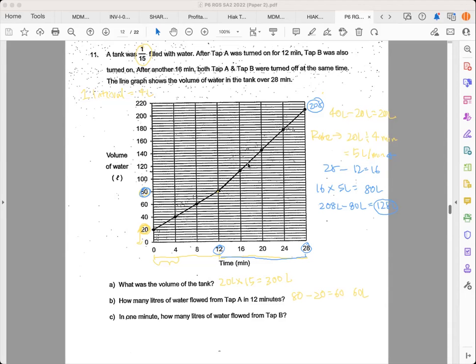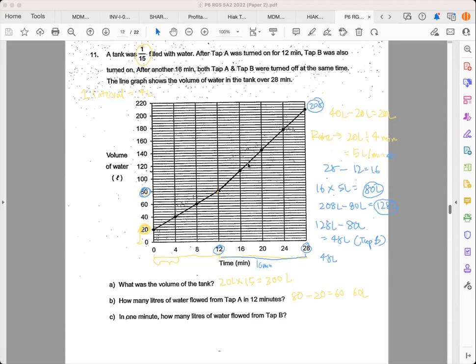During this period of time, if I minus away the water that flows from tap A, which I calculated earlier, which is 80 liters, we have 48 liters. So this 48 liters is the amount of water flowing from tap B over a period of 16 minutes.